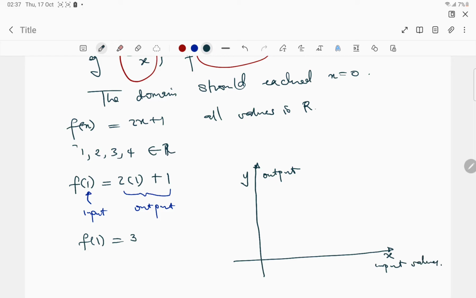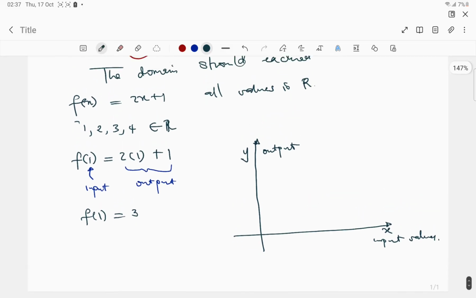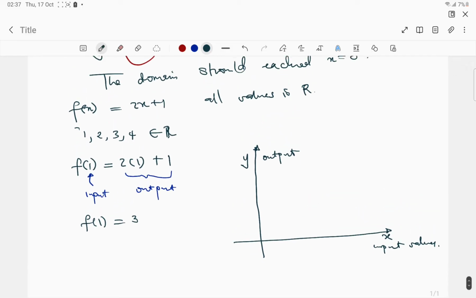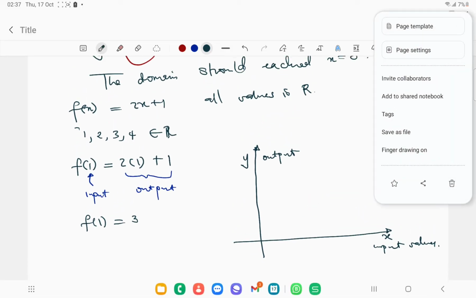So whenever you are asked to find the domain of a function, you have to find the values which keep the function defined. You should always find the values which keep the function defined.